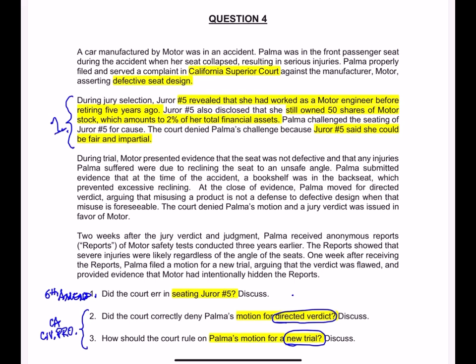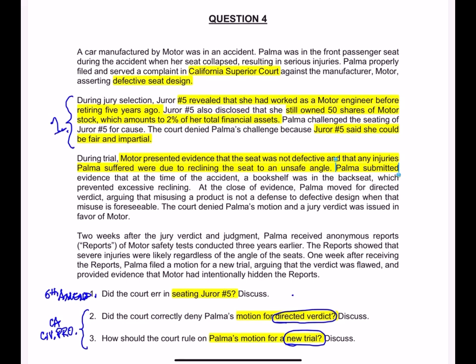In the next paragraph, we see that during trial, Motor presented evidence that the seat was not defective and that any injuries Palma suffered were due to reclining the seat to an unsafe angle. Palma submitted evidence that at the time of the accident, a bookshelf was in the back seat, which prevented excessive reclining.